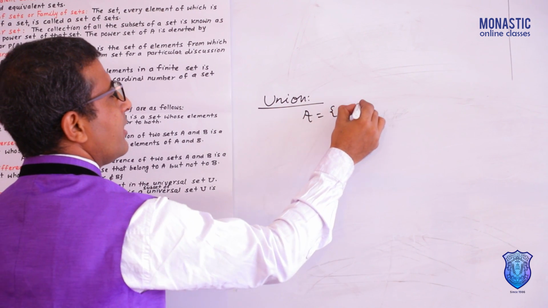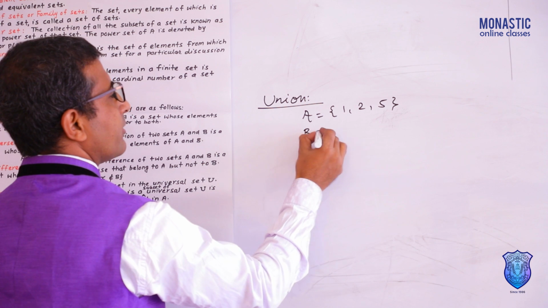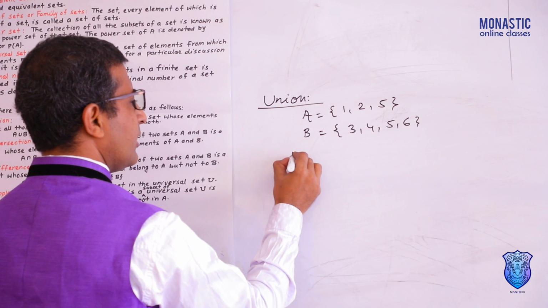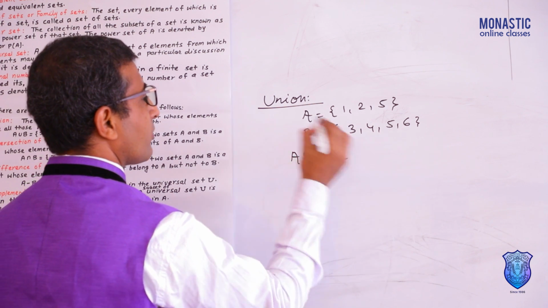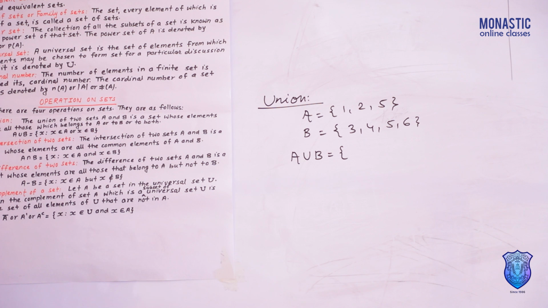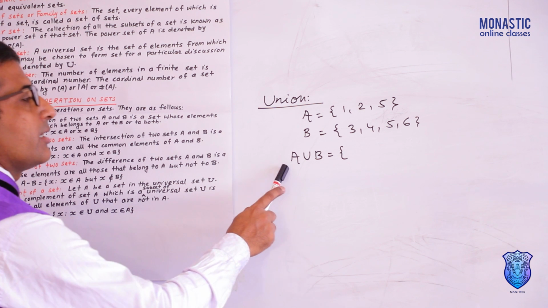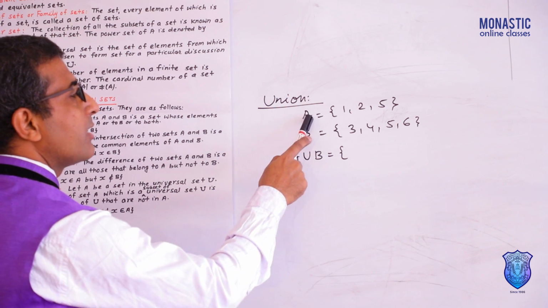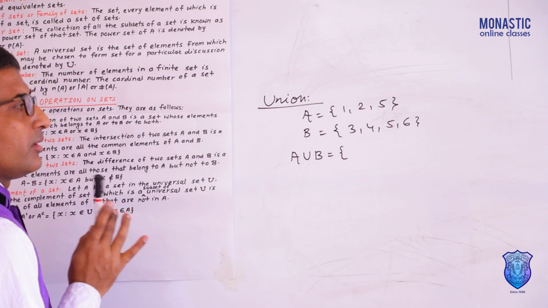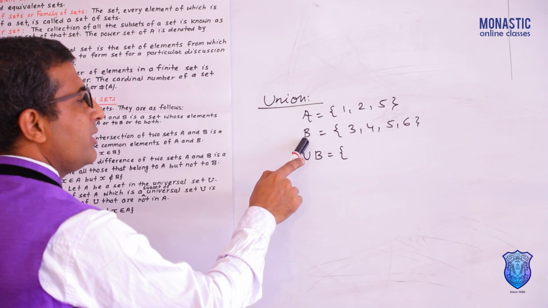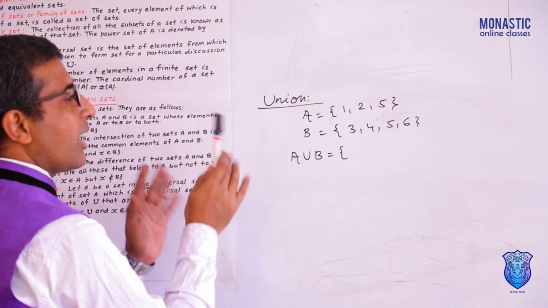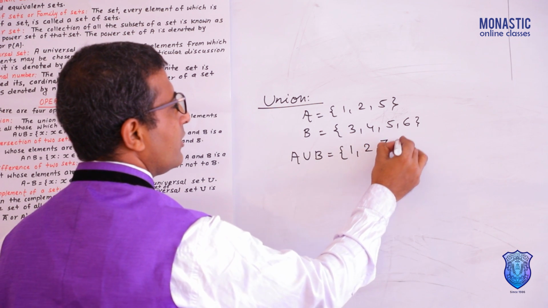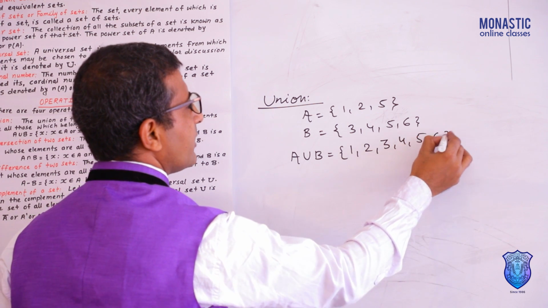Look at set A and set B. When we say the union of the sets, we have to write all the elements of set A, set B, or which are the elements of both, either in A, either in B, or both. So we have to write all, that is here 1, 2, 3, 4, 5, 6.